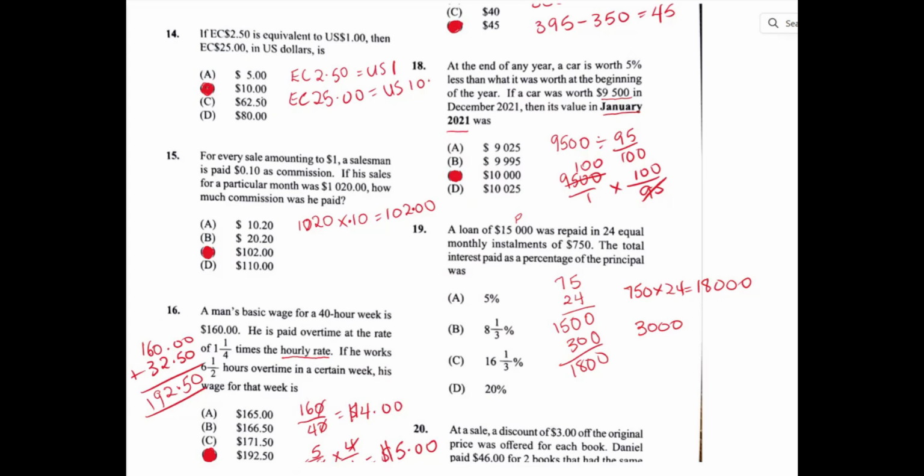And they want to know the total interest paid, which is $3,000, as a percent of the principal. Zeros cross zeros. 15 into 15 is 1, 15 into 30 is 2, so that's 20. And that would give us 20%.